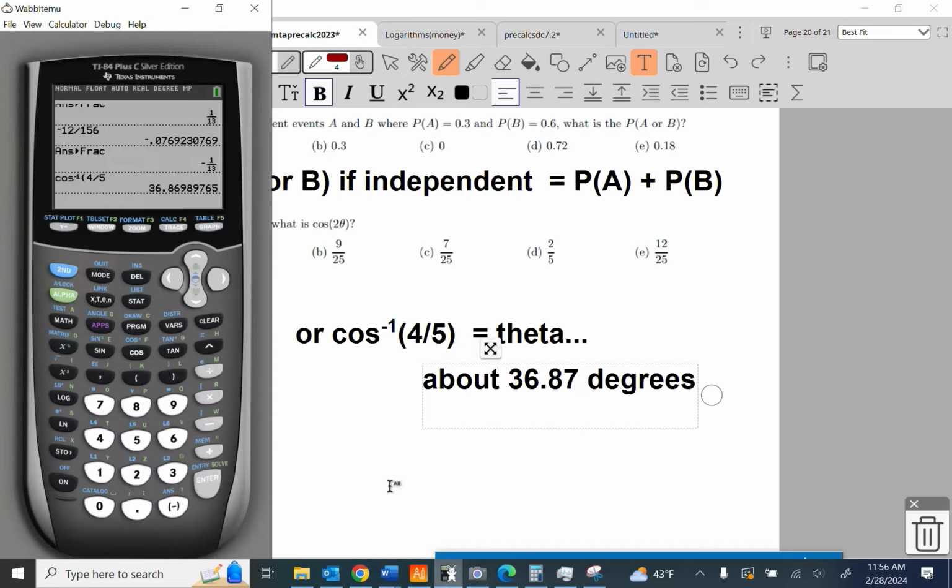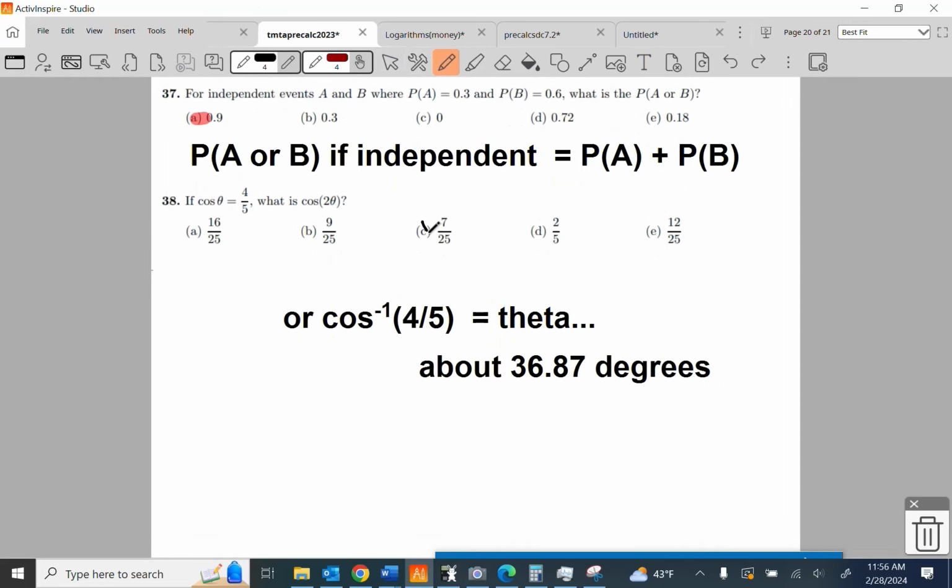I'm going to double it, and I'm going to take its cosine. And I'm going to get 0.28. I feel like I've done this problem before. Maybe I haven't. That is most likely 7/25. And it is. And there's that one.